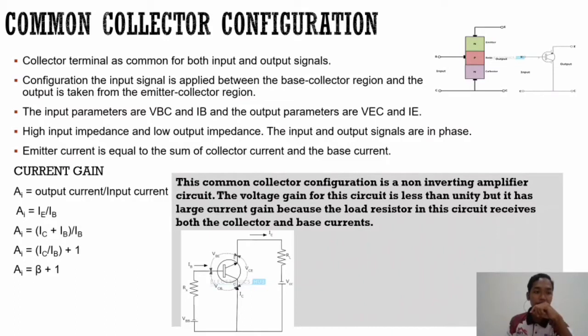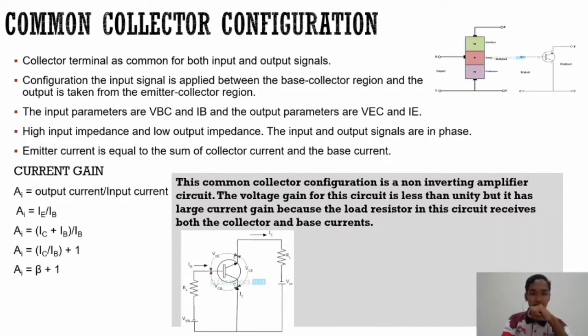The input parameters are VCB and IB, and the output parameters are VEC and IE. It has high input impedance and low output impedance. The input and output signal are in phase, and lastly, the emitter current is equal to the sum of collector current and base current. For the current gain, you can get it from this formula.